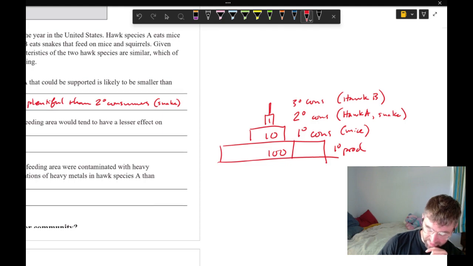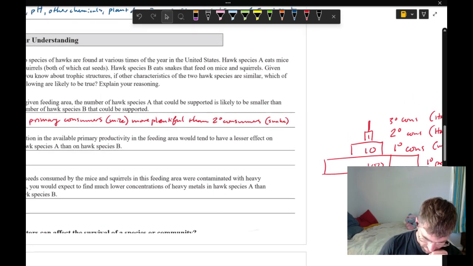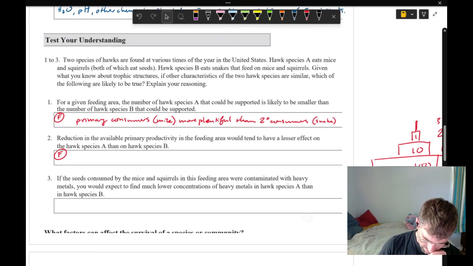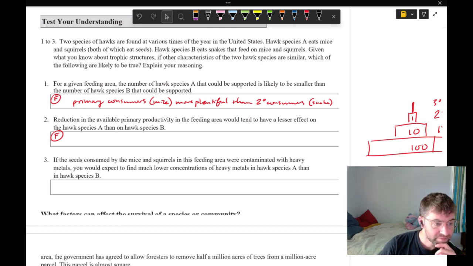So if we cut our foundation in half, it is going to have a far greater impact on organisms closer to that primary production. The percent reduction for both populations would be about the same.